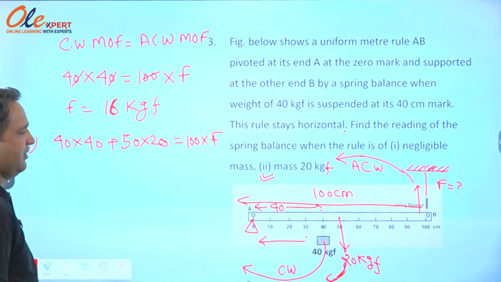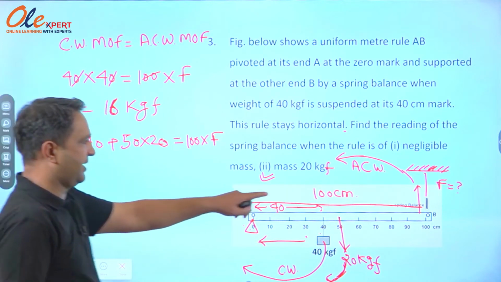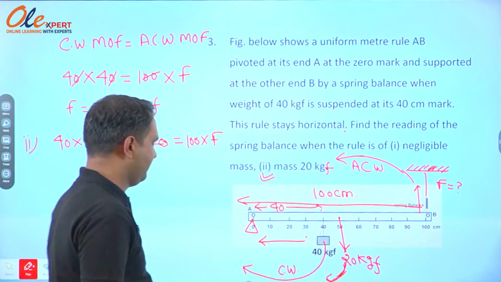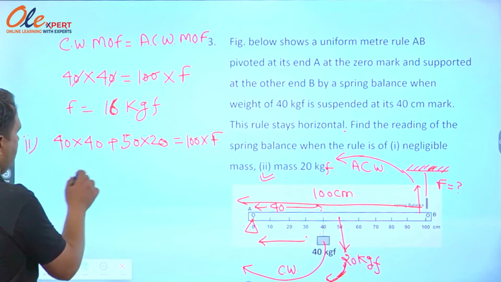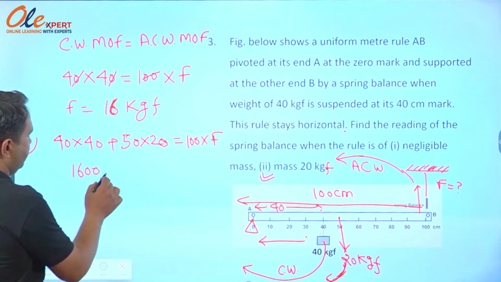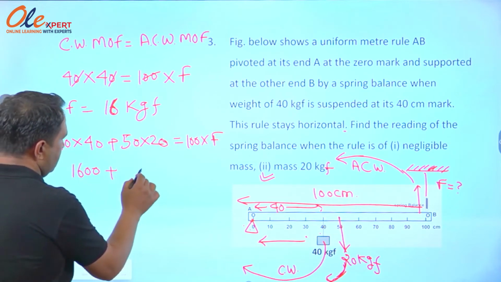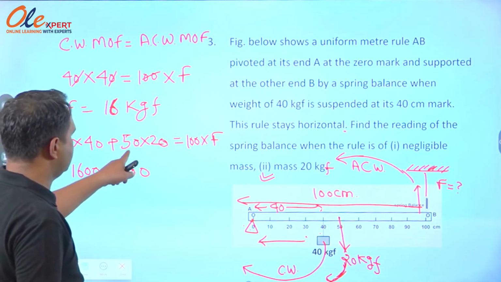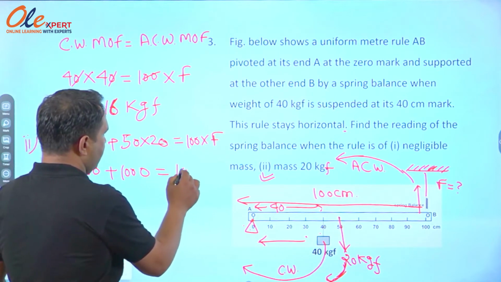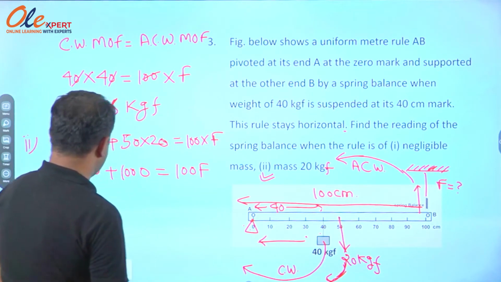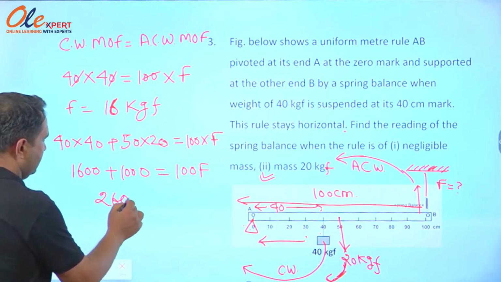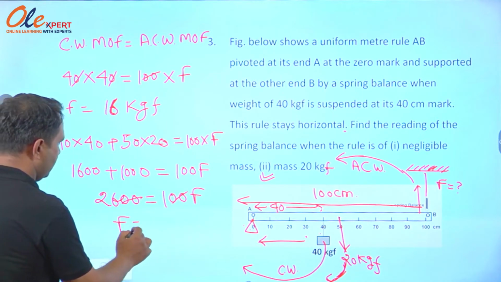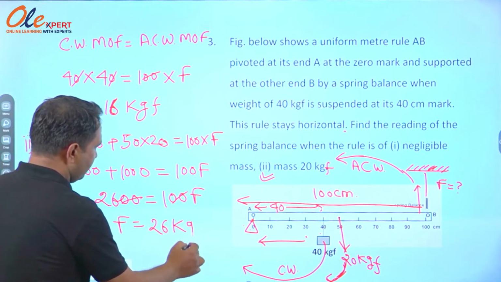In this condition, what will be the force which will be applied here? This is a question when mass of this rule is 20 kgf. So it will be 1600 plus 1000, 1600 plus 1000 is equal to 100 F. So 2600 is equal to 100 F. F is equal to 26 kgf.